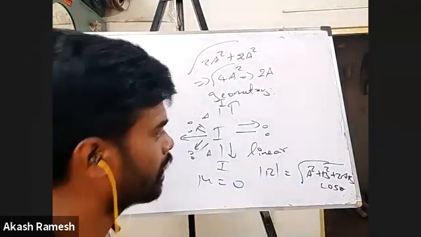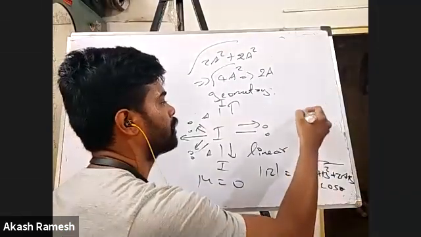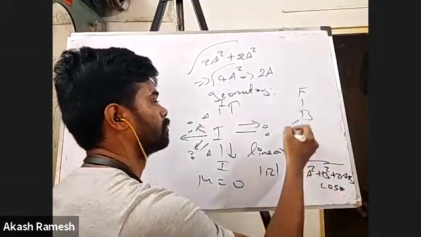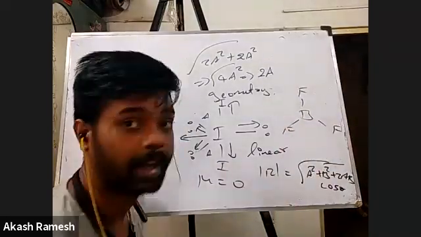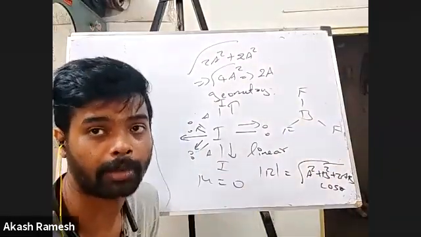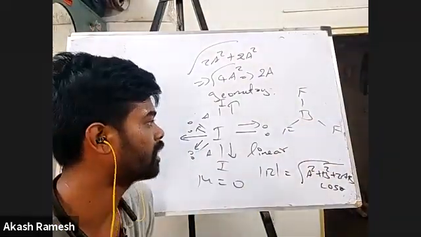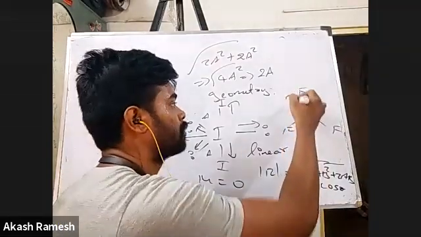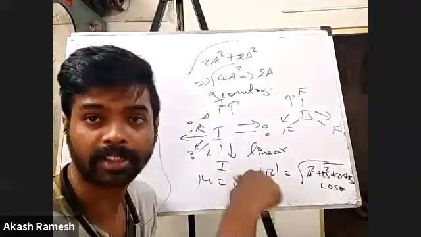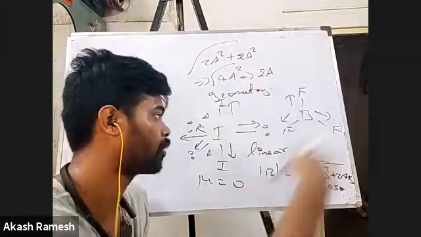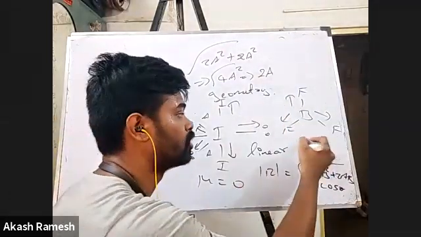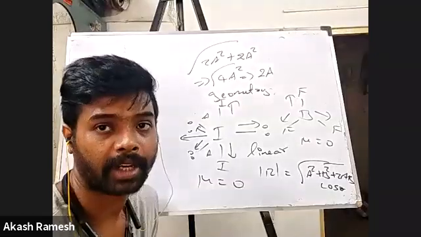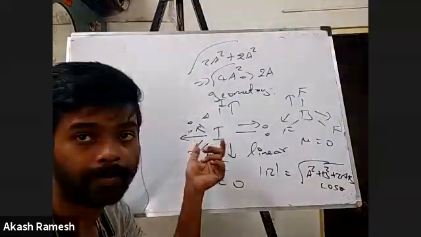Or what I can do is take my BF3 molecule, which is trigonal planar. In this case, the same thing would have happened. Since it is symmetrical, 120, 120, 120, I told you that mu was 0 here. So the same thing can be understood here also.